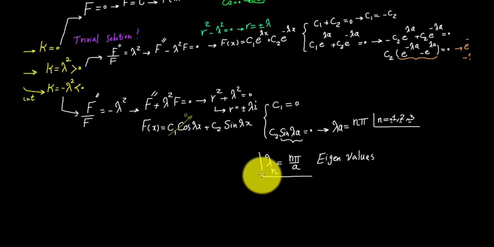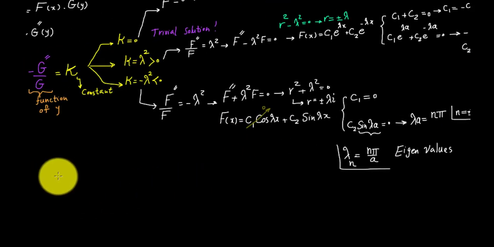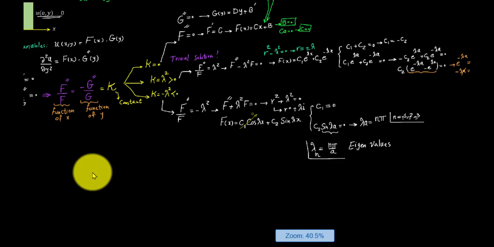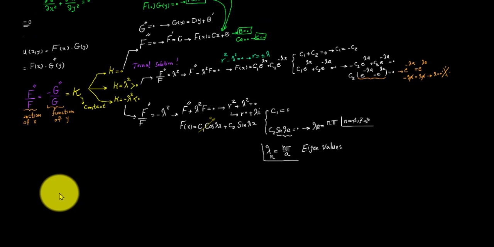Now that we found lambda n, for each of these lambdas we have a corresponding capital F. So from this time on, I will include a subscript for the function capital F. So capital F of n, which is a function of x, is equal to, well, it was c2 sine of lambda x.